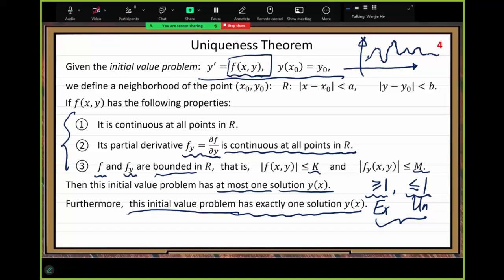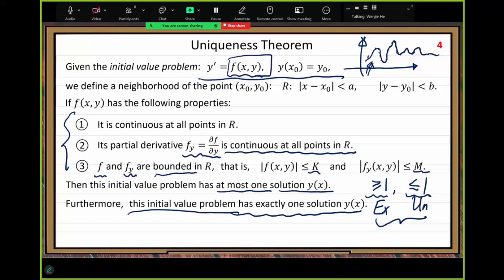You may not be able to find the explicit formula for the solution, but through numerical computation you have a sequence of data points. Most of the time you have that.